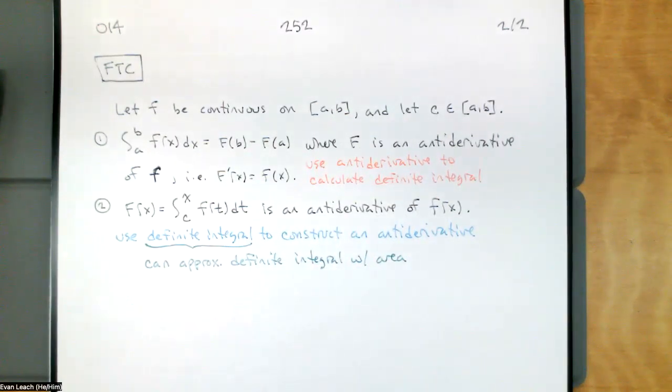We can always approximate a definite integral just by calculating area with enough data and calculating power. We can do this to any degree of accuracy.